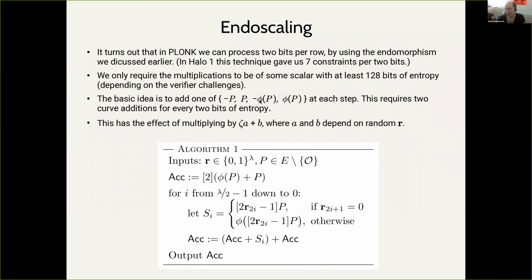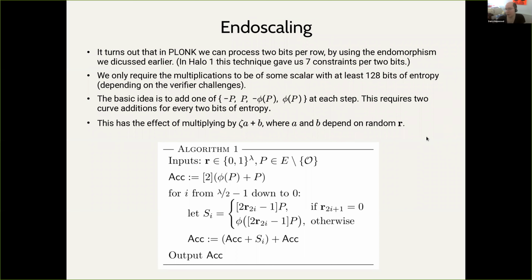So the endomorphism phi here is equivalent to multiplying by this zeta value for some fixed zeta. So the whole algorithm here is equivalent to multiplying by zeta A plus B, where A and B depend on our vector of random bits, so our vector of 128 bits.